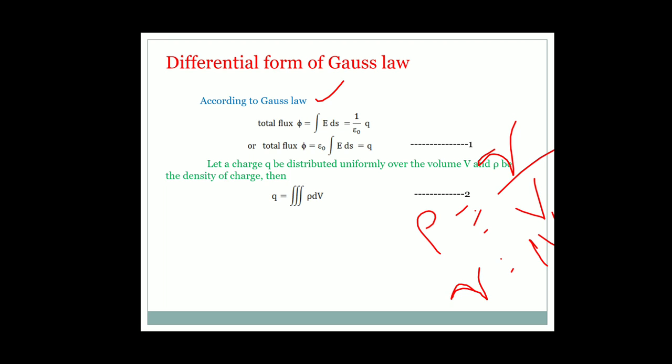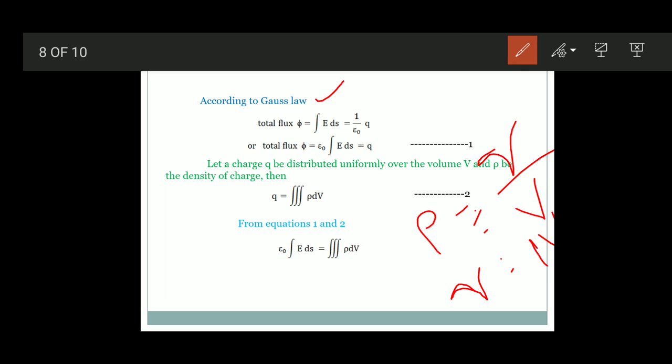When we substitute this q value into the above equation, epsilon naught into integration E dot dS is equal to the volume integration of rho dv. On the left side there is a surface integration, and on the right side there is a volume integration.